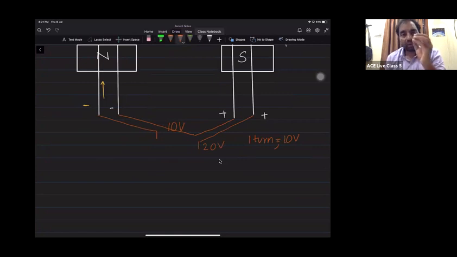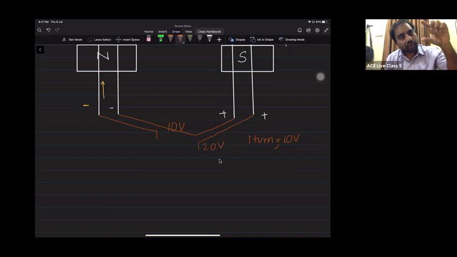In this coil, how many turns are we having? 2 turns. Then what is the voltage I will get across this coil? It is 20 volts. So can I give a generalized statement like this? If you want to decide the voltage across a coil, first I need to decide what is the voltage across a single conductor in this case.